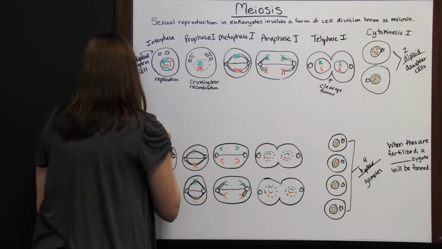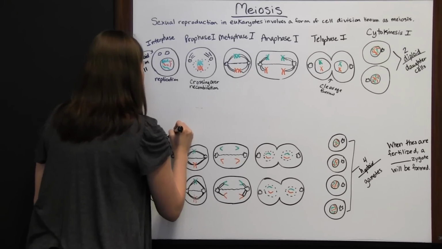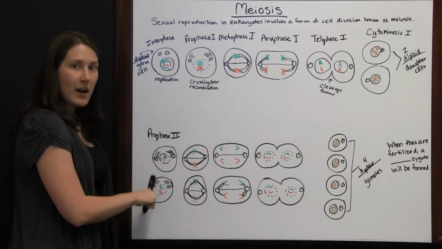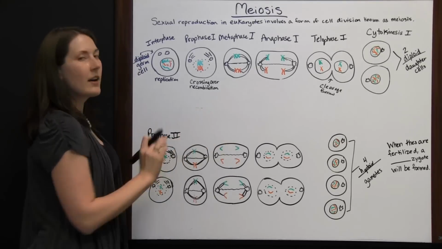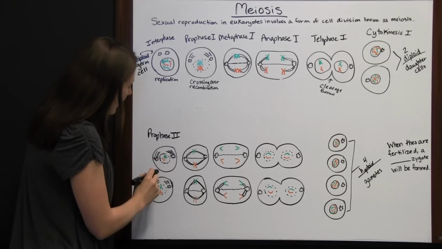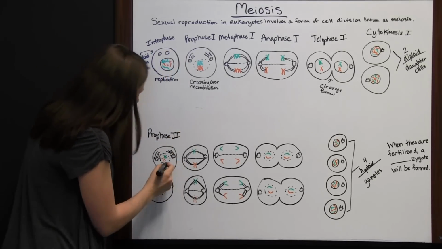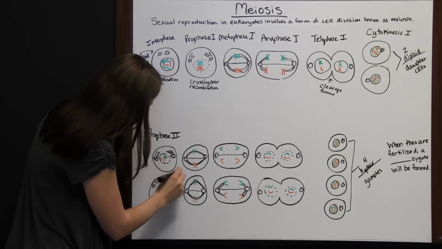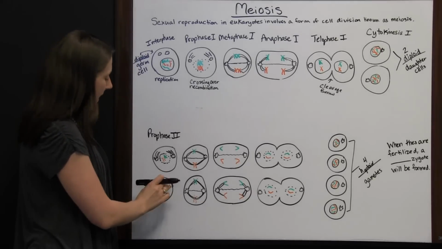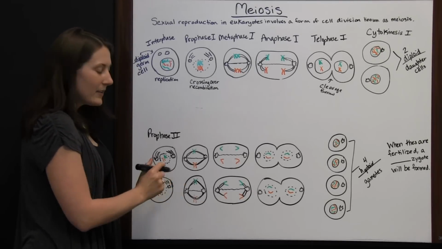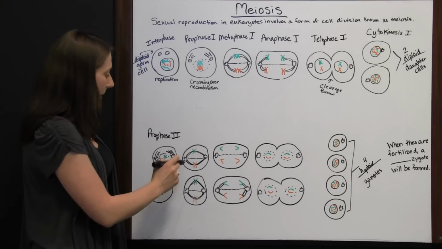So we have prophase 2. And in this phase, you'll see we've got the 2 daughter cells, and now they're kind of repeating the same process that happened up top. So there's no replication because that was in interphase, but they are going to start having the centrosomes move down to either side and start moving out to opposite poles of the cell and start pulling the chromosomes that way.